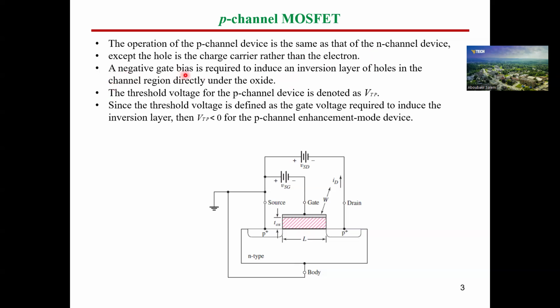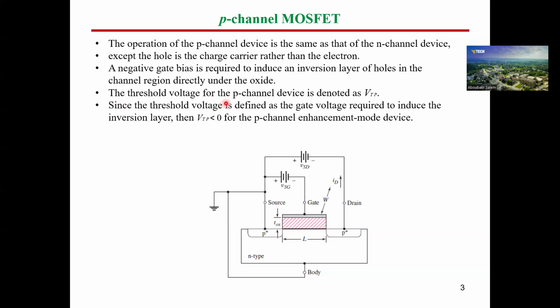Also, a negative gate bias is required to induce an inversion layer of holes in the channel region directly under the oxide. So we need to have a negative gate in order to have the inversion layer here, which is now going to be a holes inversion layer, generated here in contact with the oxide material.